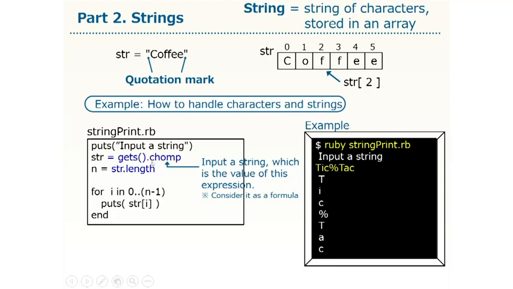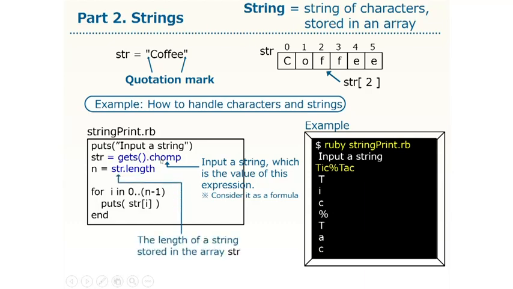This gets.chomp is also an expression whose value is a string given from the human through the keyboard. Then, by this assignment statement, this value is stored in a variable or array str. In summary, by this statement, the computer obtains a string that the human types and stores it into the array str. Well, let me skip any further explanation in this lecture on this statement. So please consider, for example, this expression gets.chomp as a set expression or formula in this lecture.